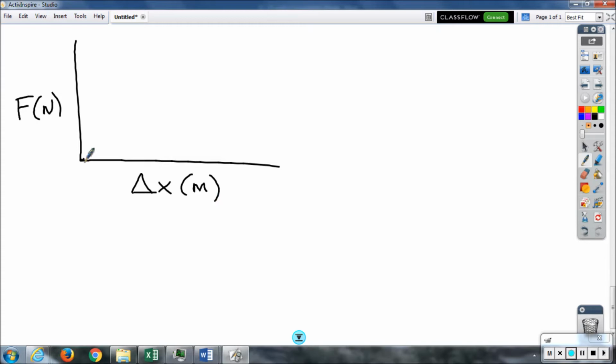So take the case where you have this line and here you have this line. So each of these represents a spring. So this is spring 1, this is spring 2.